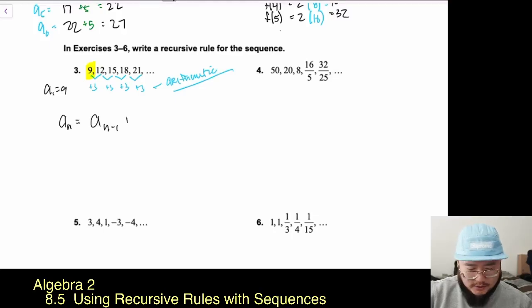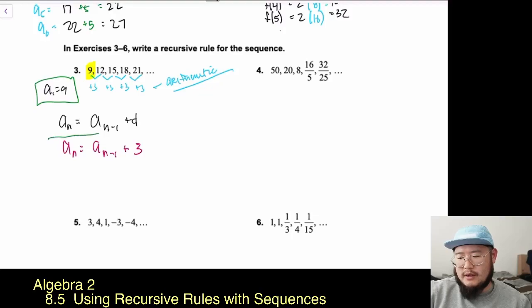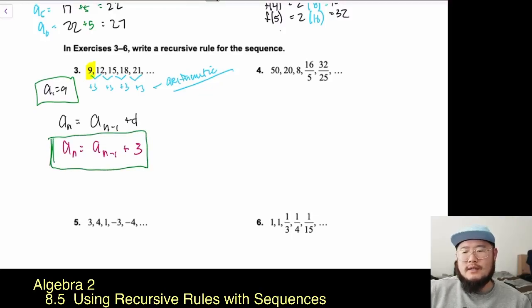Right, so all I need to do is go ahead and my answer is going to be a sub n is equal to a sub n minus 1 plus the common difference, which is 3. And there you go. Okay. So they want 2 things right here in your answer. We need to know first off, what's a sub 1. So I went ahead and did that. And there you have your recursive rule. Now we finish number 3.